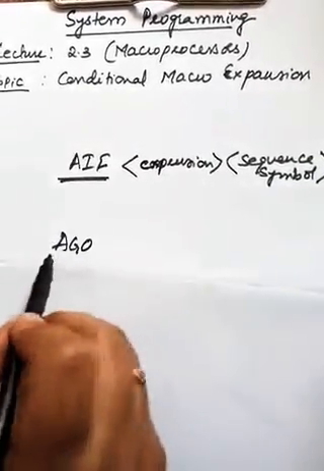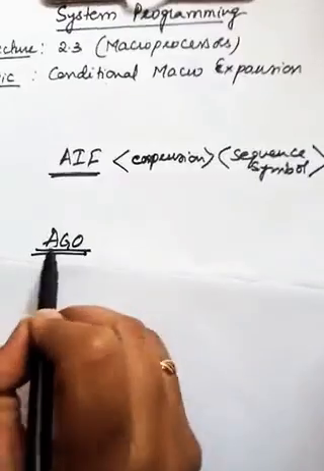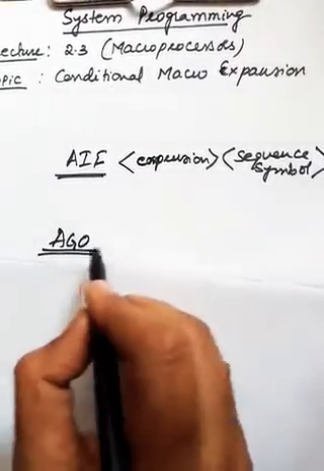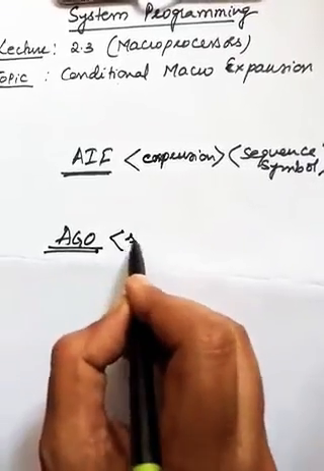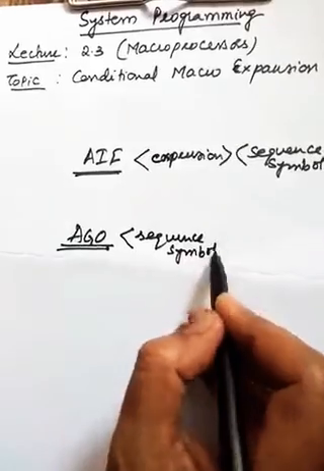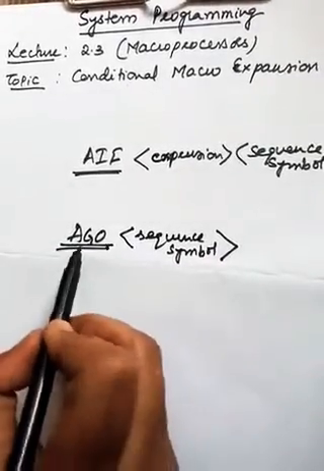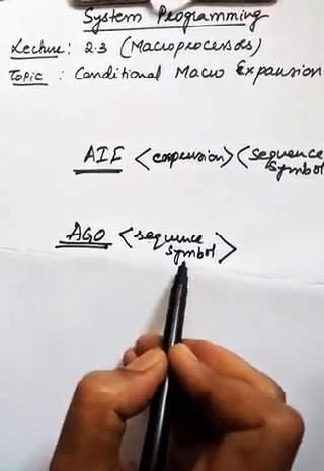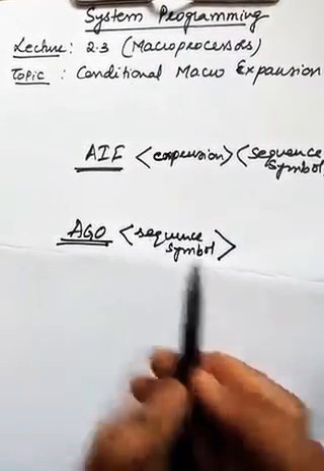Now the next one is AGO. AGO is an unconditional branch instruction, and the format is AGO followed by just a sequence symbol. This statement just transfers the control to the given sequence symbol. That is, it is nothing but a go-to statement.